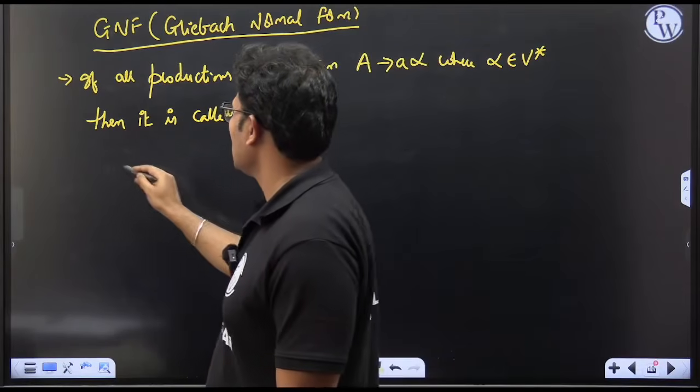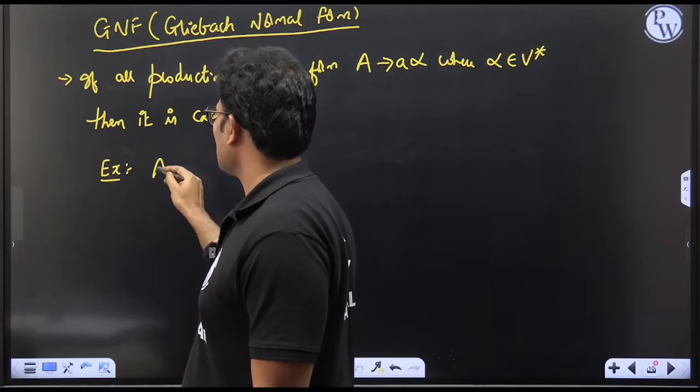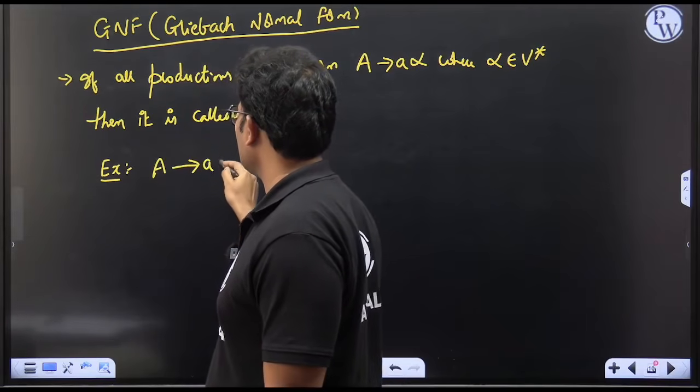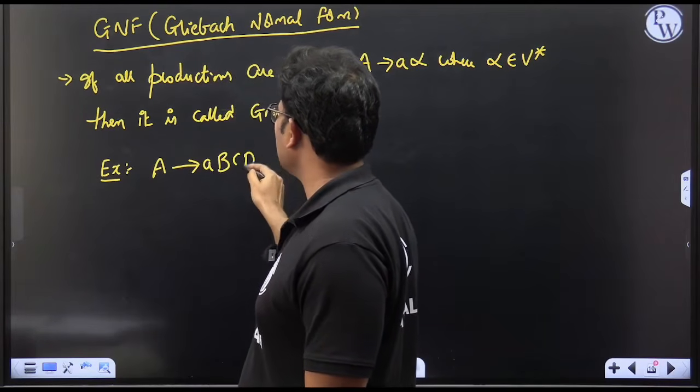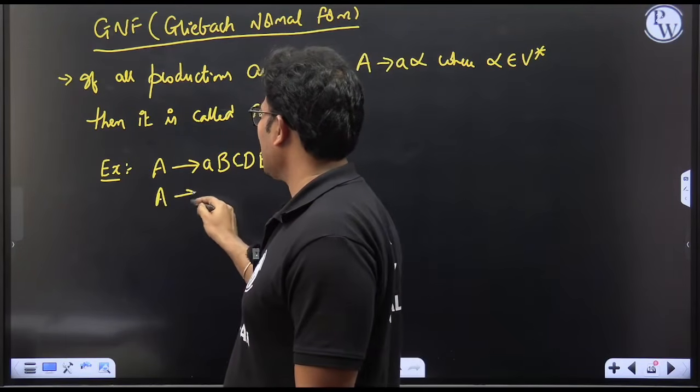Which means, for example, all the productions should be like this: A derives a B C D E, or the production can be like this.